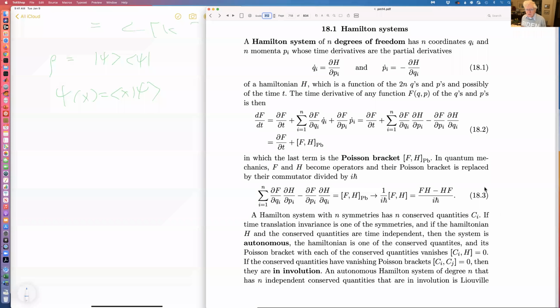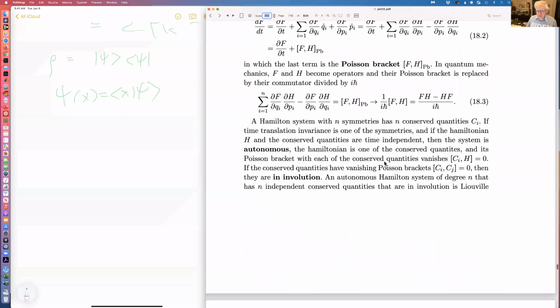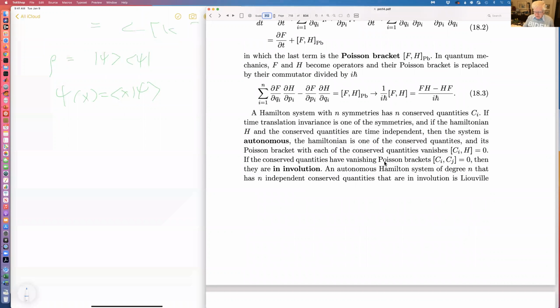And so what he did was say that one could formulate quantum mechanics by saying that the commutator of A with B was equal to the Poisson bracket of A with B times i h bar.